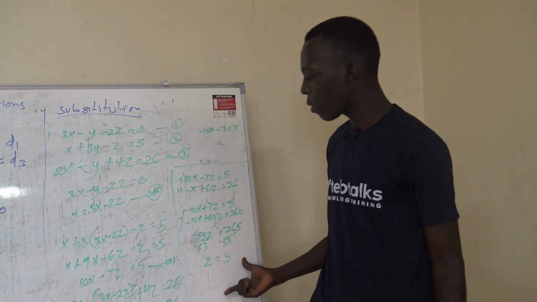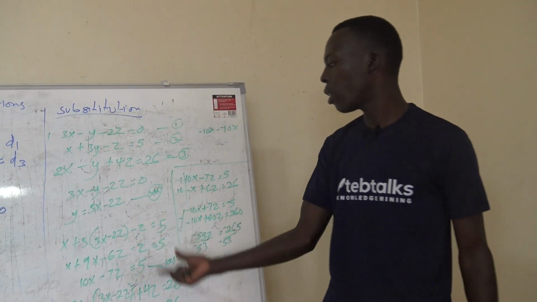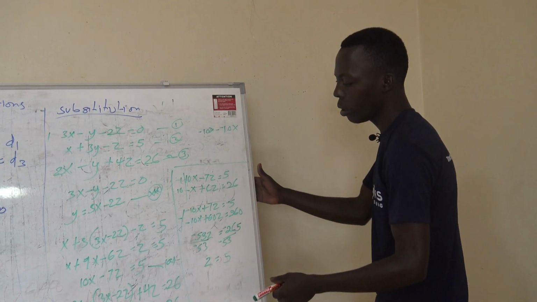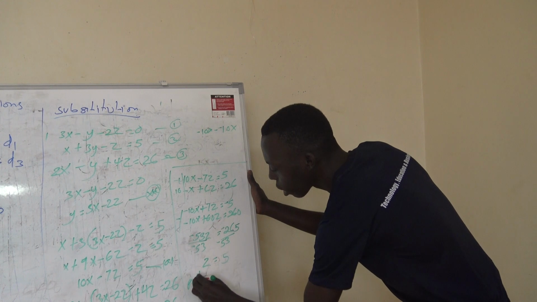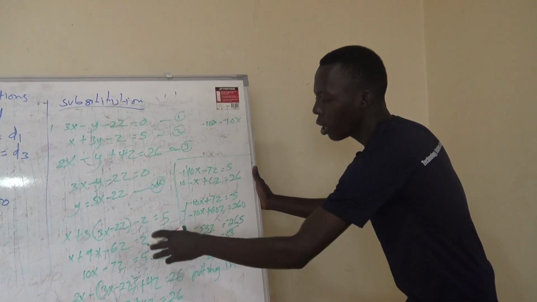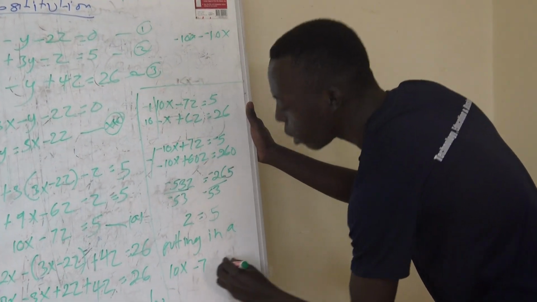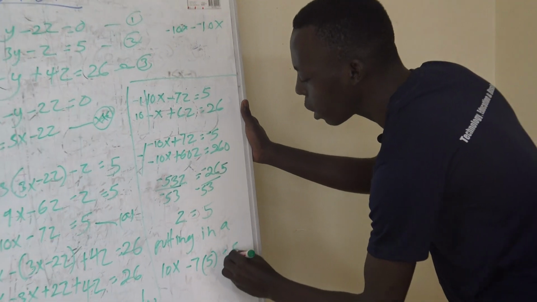After getting z, substitute either in equation A or B to get the value of x. So we can put in the first equation, putting in A, we have 10x minus 7 with the value of z, which is 5, must be equal to 5.